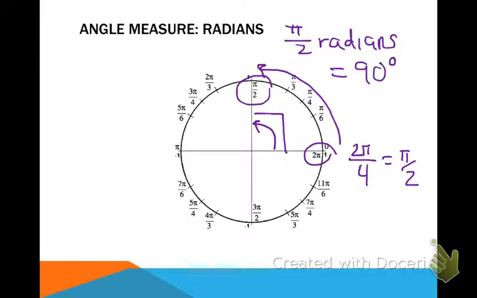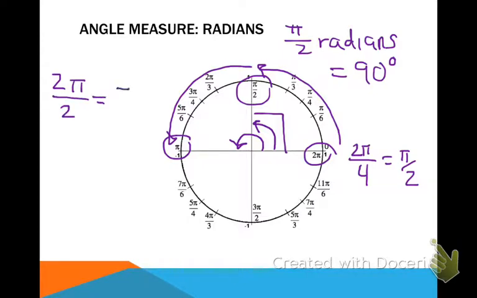If we go half a circle, so now we create an angle that does a half rotation, we have pi radians. So remember, all the way around was 2 pi. Divide that by 2 because we're only going halfway. We get pi radians. And you know from experience with degrees that that is the same as 180 degrees.